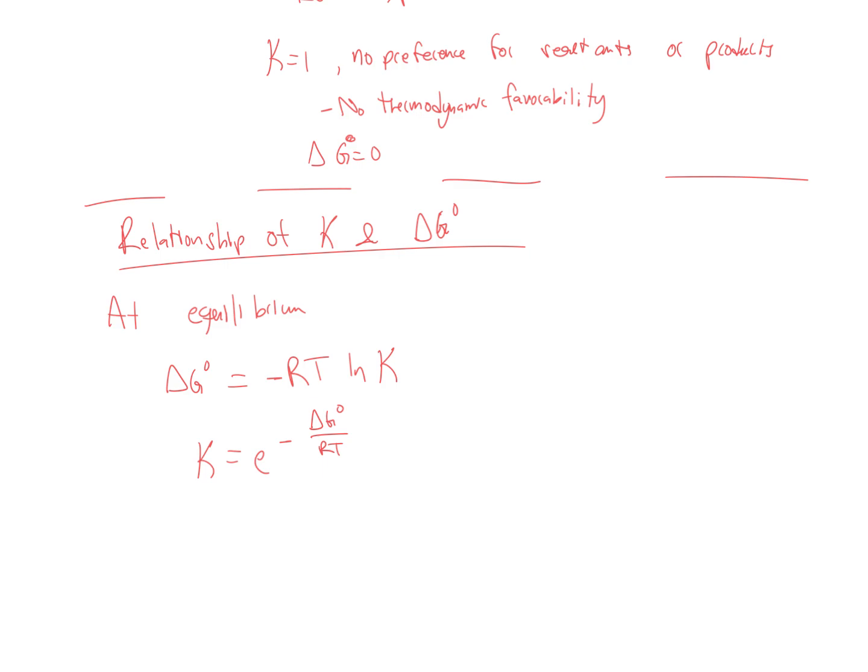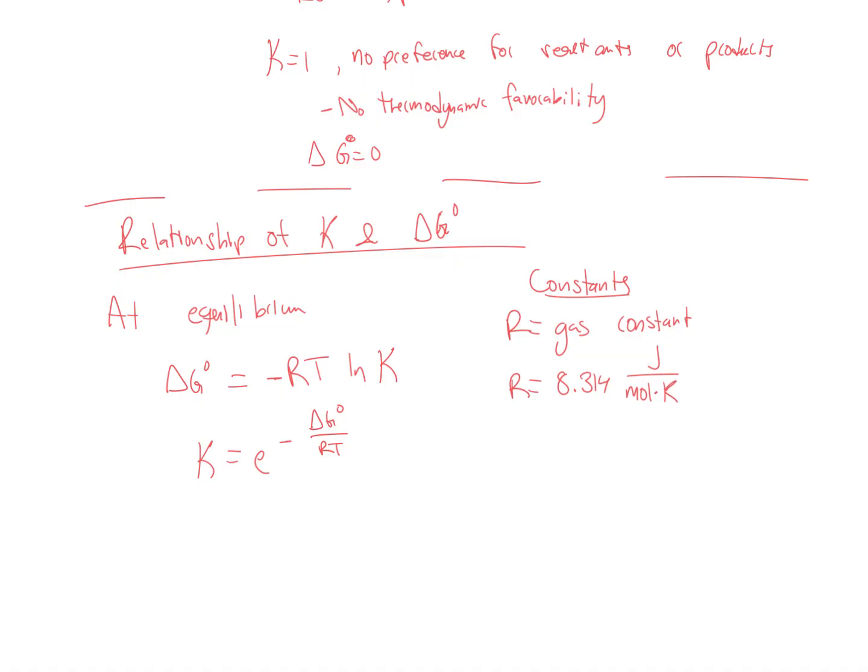Now, there's a few important notes here, and that has to do with the constants. So R, that's our gas constant, if we remember. And on your sheet, you'll have two different gas constants. The one that we're going to specifically use when we're using delta G is 8.314 joules per mole times Kelvin.